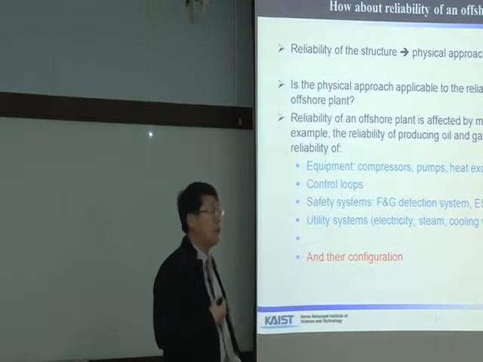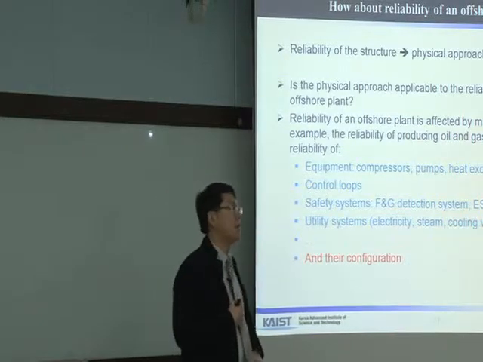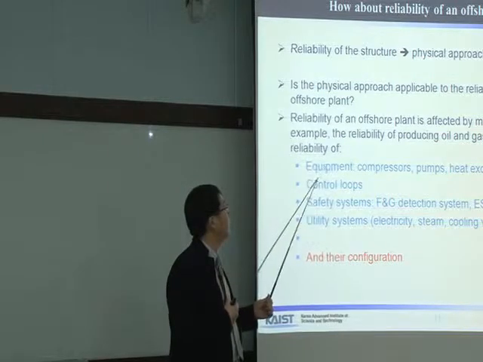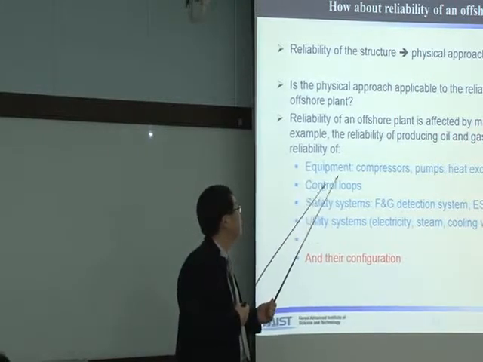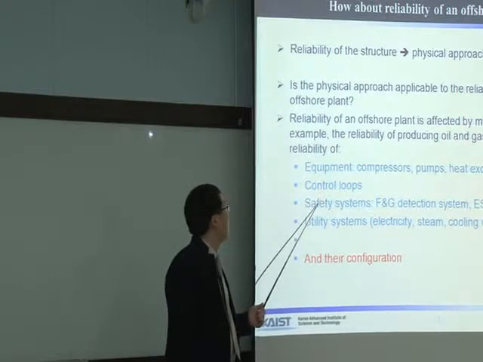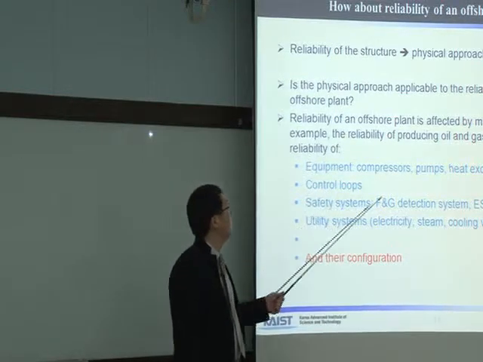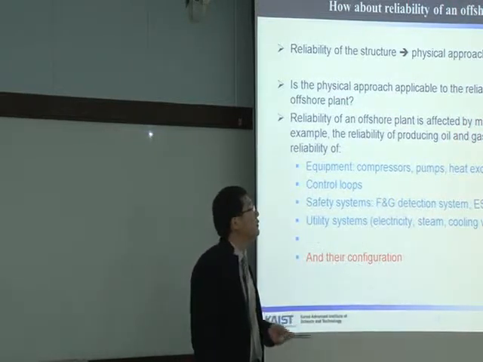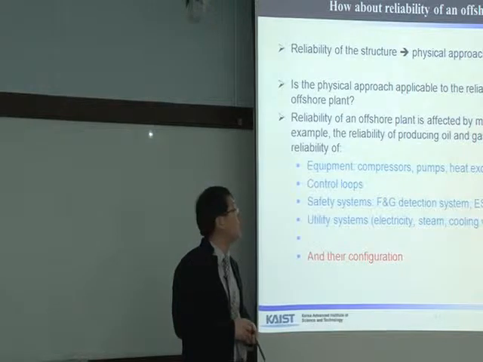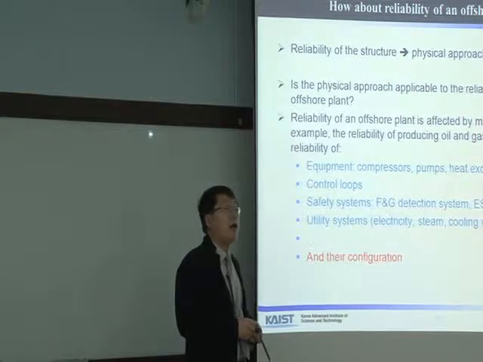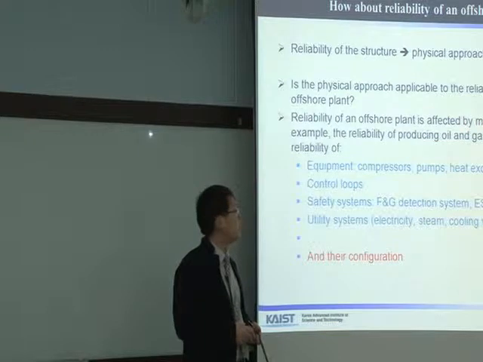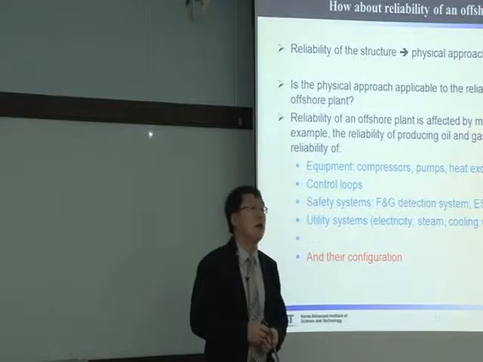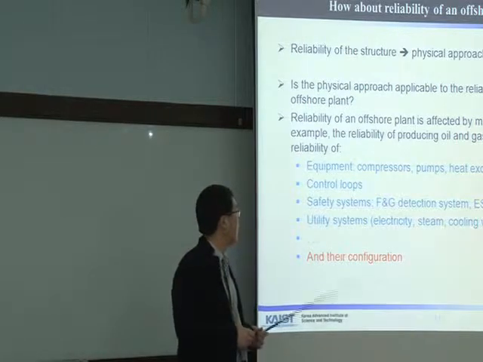For example, the reliability of producing oil and gas is a function of the reliability of first equipment like compressors, pumps, or heat exchangers, control loops, and the safety systems, including fire and gas. FG means fire and gas detection systems, ESD, emergency shutdown systems, and also affected by utility systems like electrics, generators, steam, cooling water, heating medium, and others.